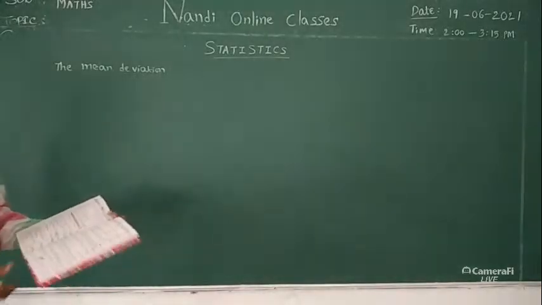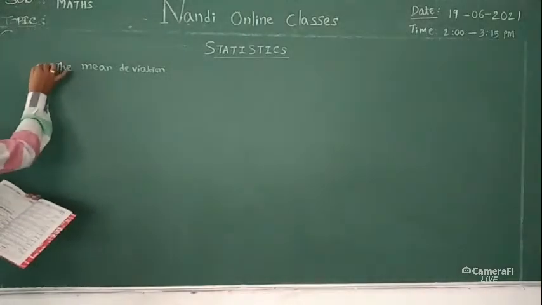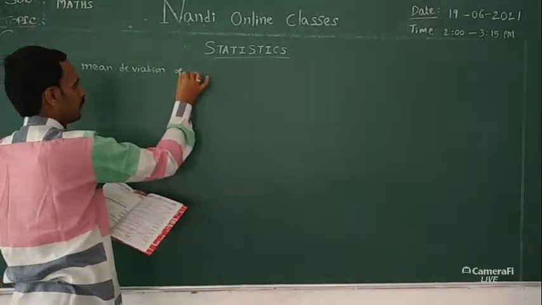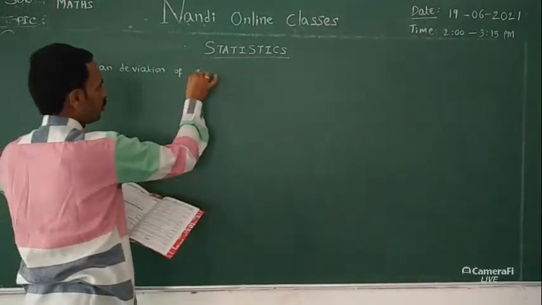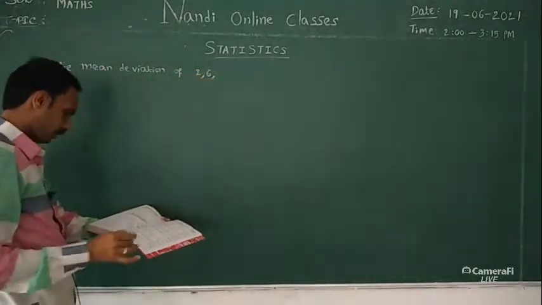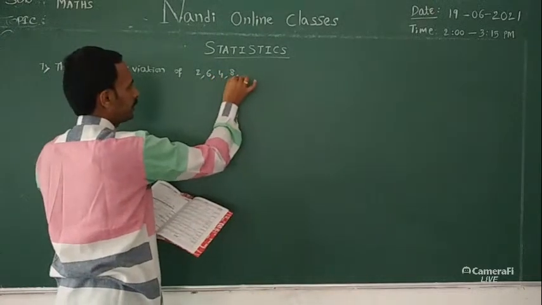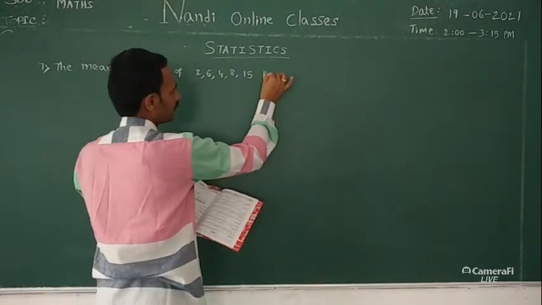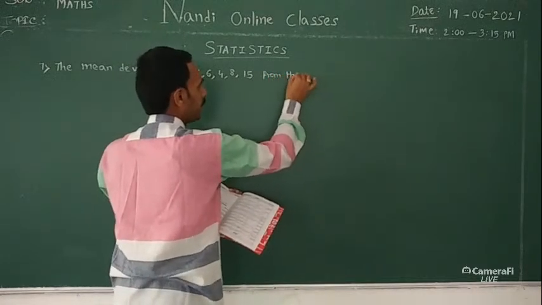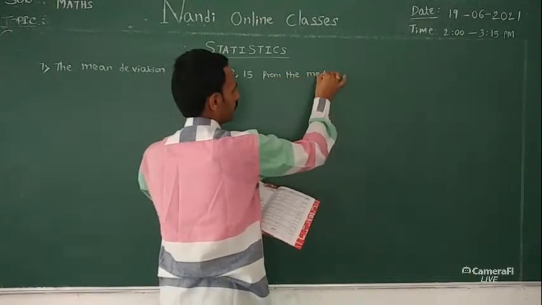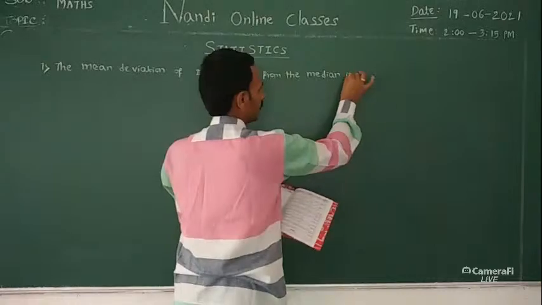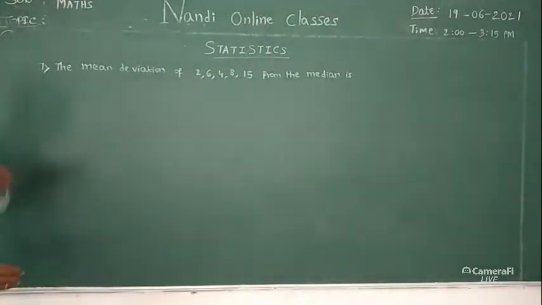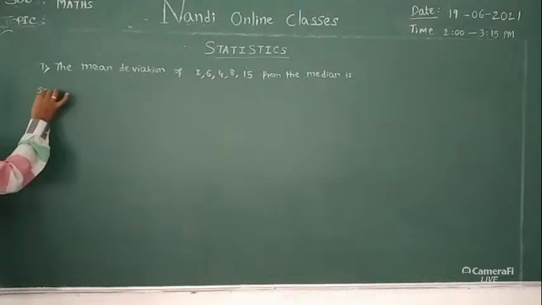Okay, seventh problem. The mean deviation of 3, 2, 6, 4, 8, 15 from the median is... Okay. Solution.